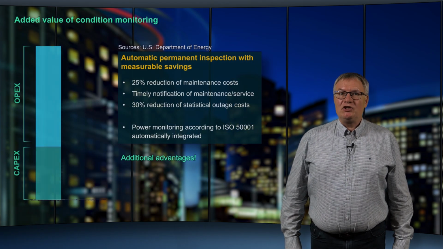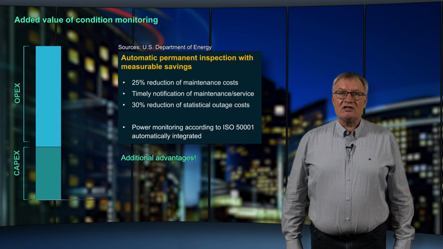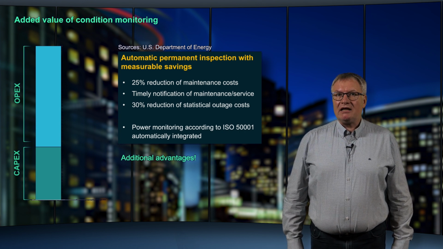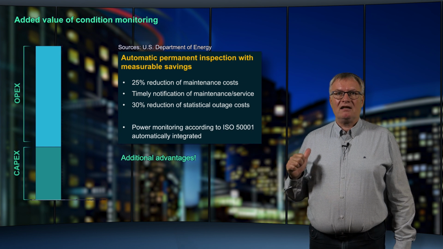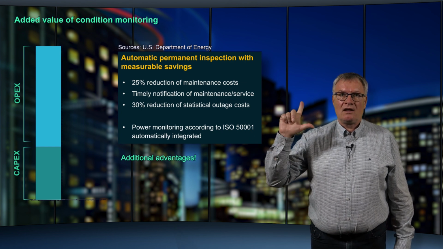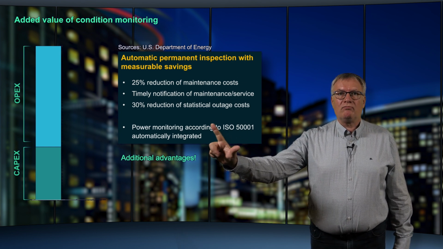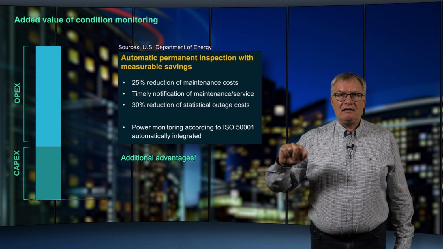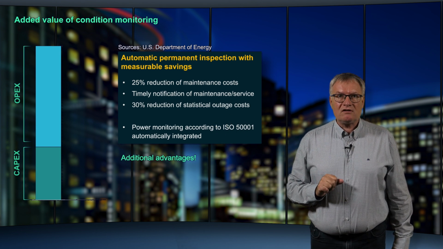A study from the US Department of Energy assumes that a timely reference to maintenance by use of condition monitoring leads to 25% lower maintenance cost, a disturbance reduction by up to 75%, and 30% lower statistical downtime cost due to timely alarm.